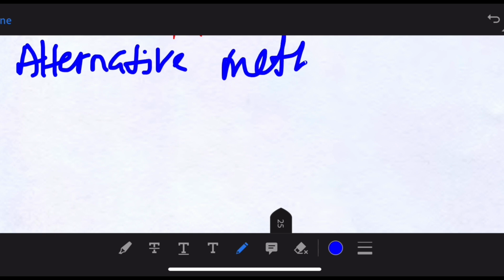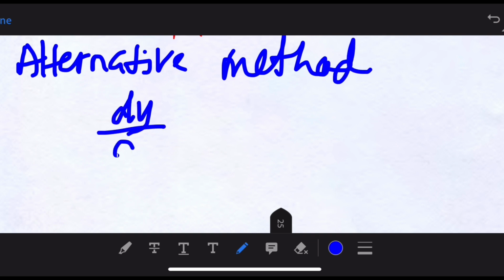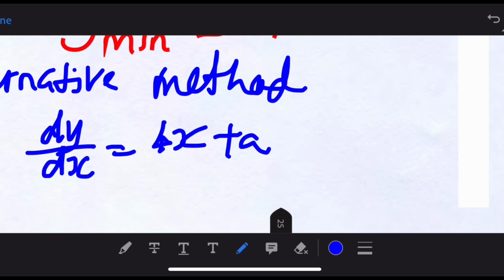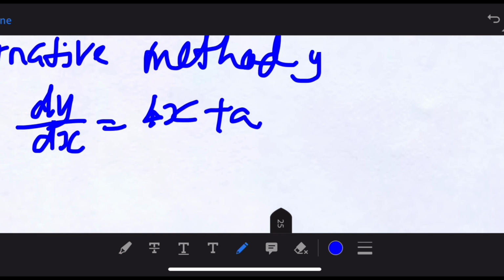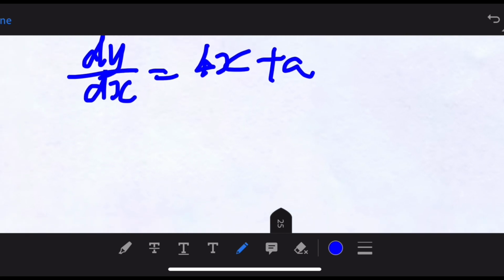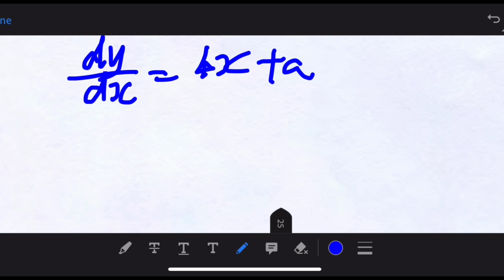For this question, for quadratic function, as I told you, you have more than 3 ways to do it. So you can always use dy/dx. Just remember how to differentiate. If I differentiate, I will get 4x plus a, because my curve is 2x squared plus ax plus 12, so it becomes 4x plus a.